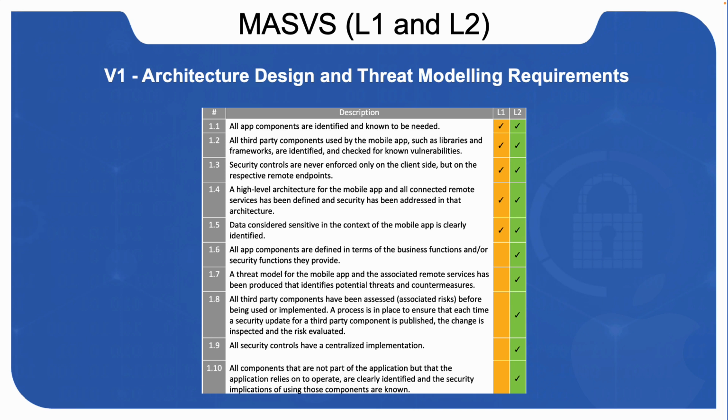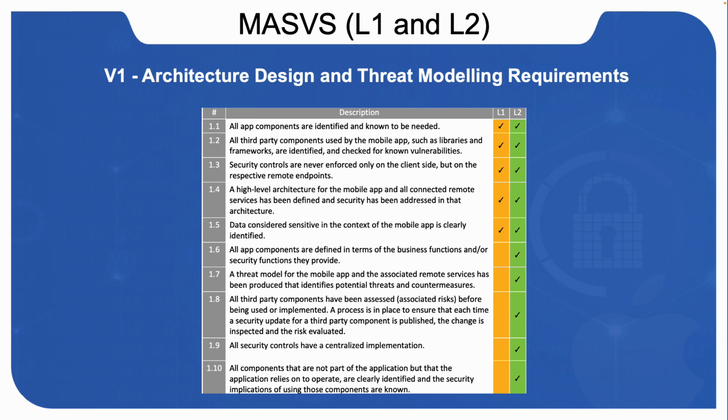V1 is mainly about the steps that need to be taken into account at every stage of development. In practice, security is frequently taken into account only at the end of the software development lifecycle.